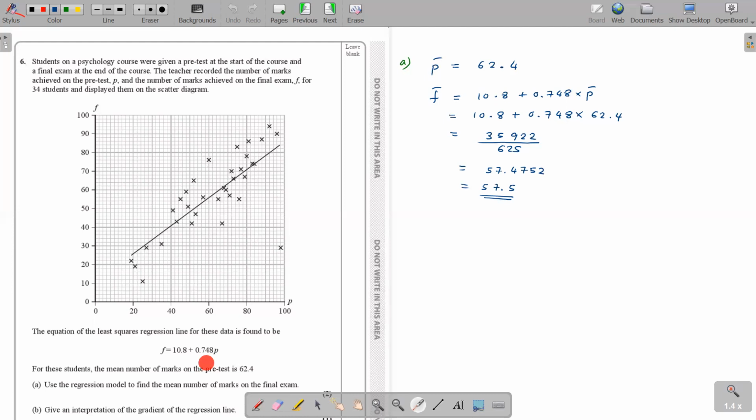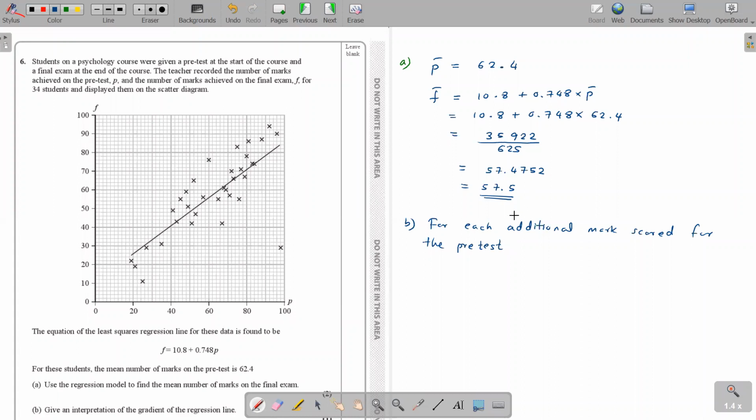Okay, so that's it. Just follow the format. It's given to you in the book also. So part B: for each additional mark you score on the pretest, when your x increases by 1, what happens?